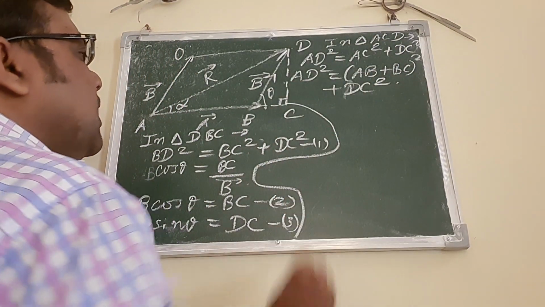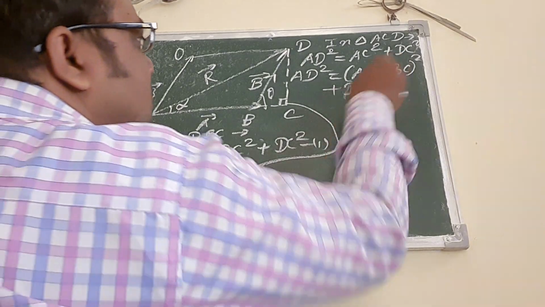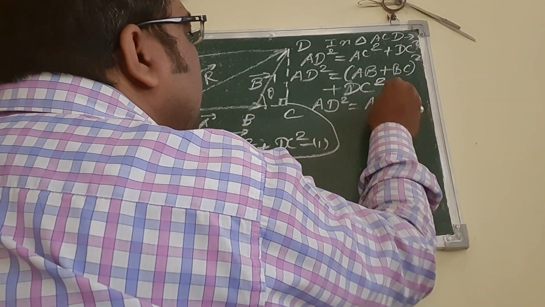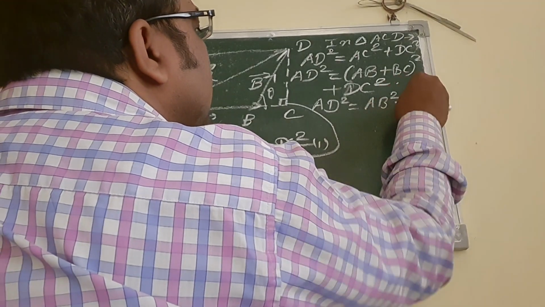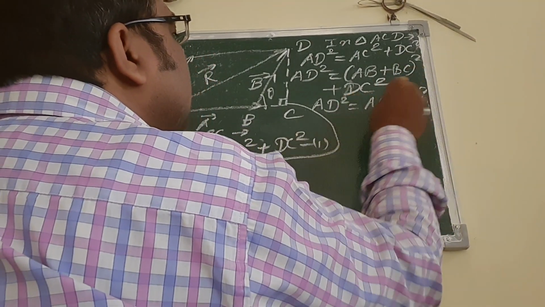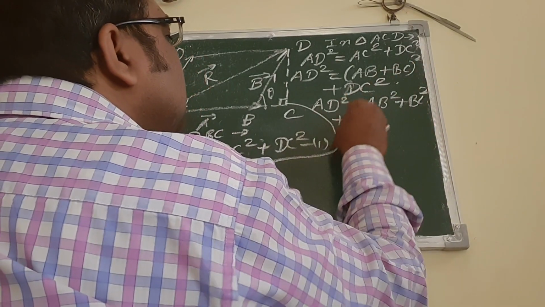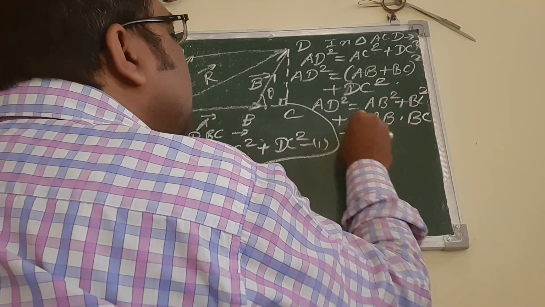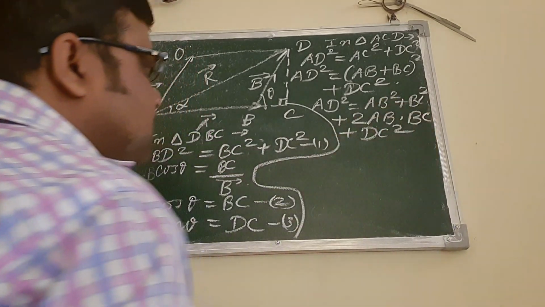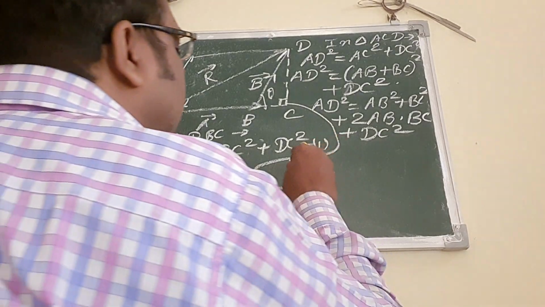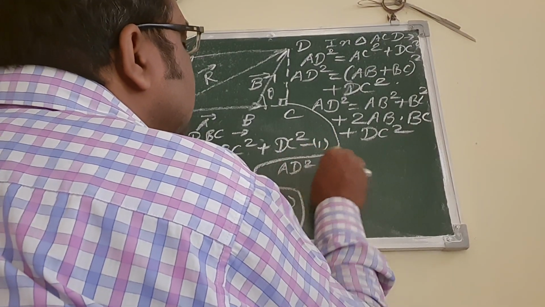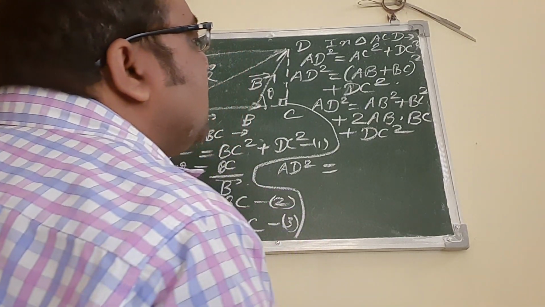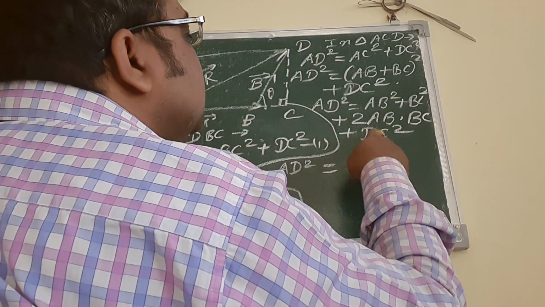Now expanding it we are getting AB square plus BC square plus 2 times AB into BC plus DC square. Now this is the BC square and this is DC square.